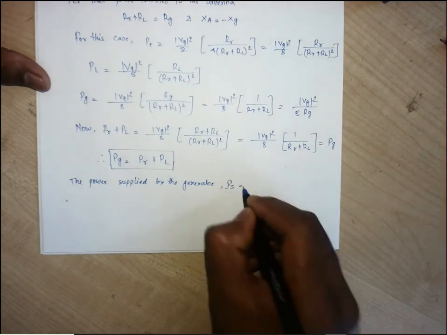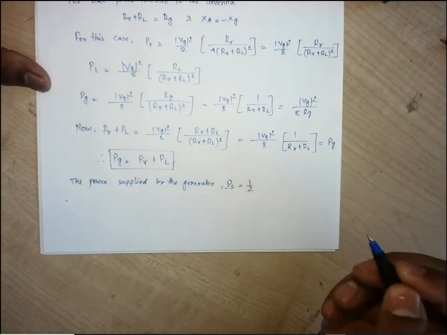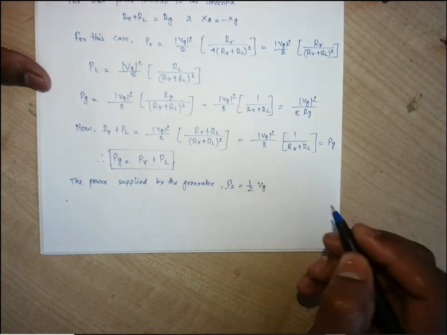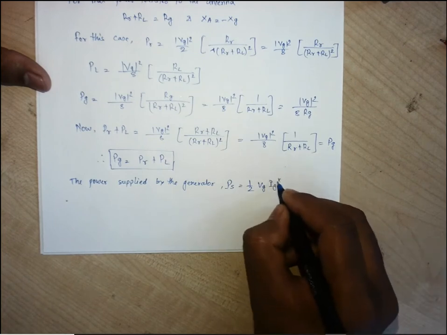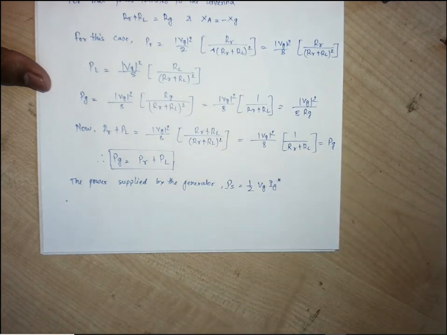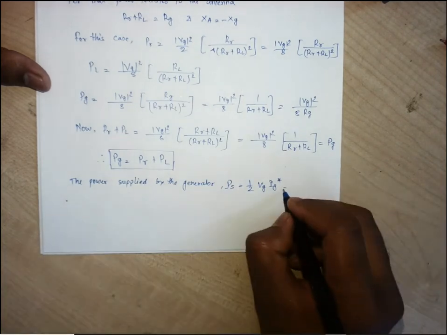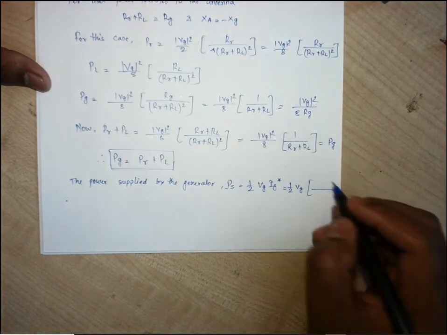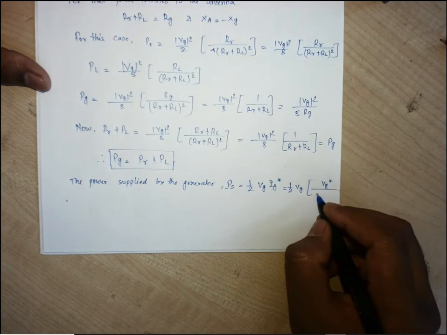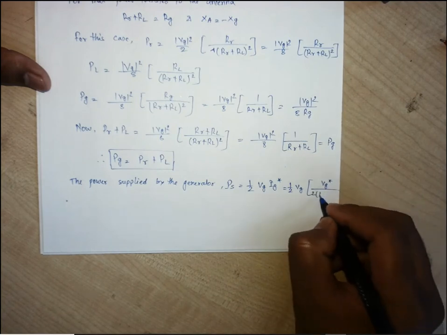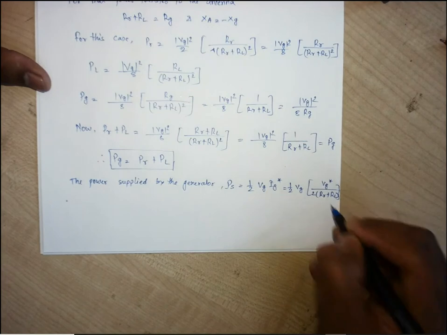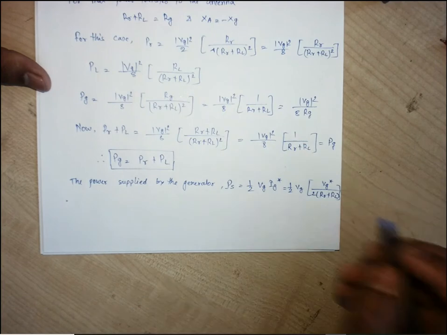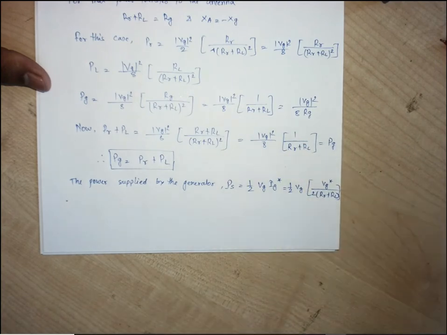That is PS equals half Vg into Ig conjugate, which we can say is half Vg conjugate by twice of Rr plus RL, which is what we have seen, because this Rr plus RL is the same as Rg.